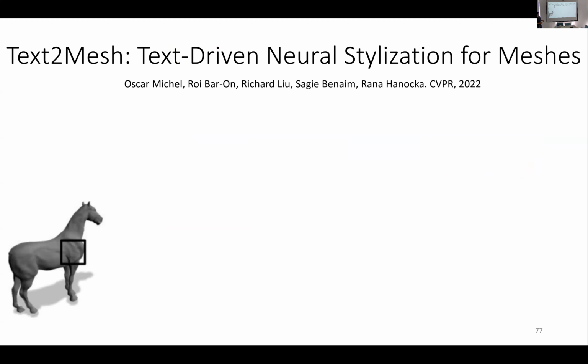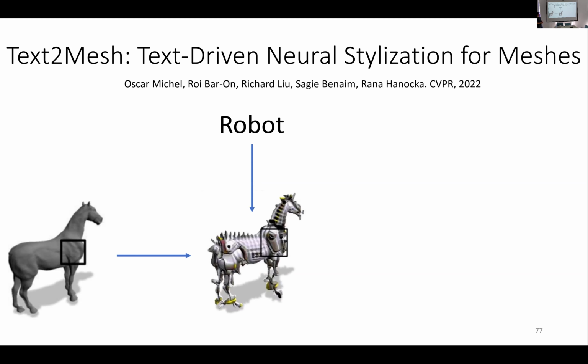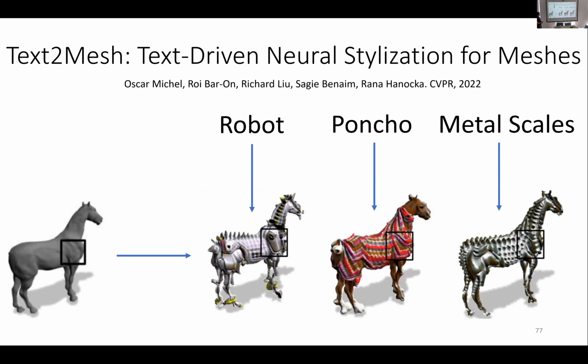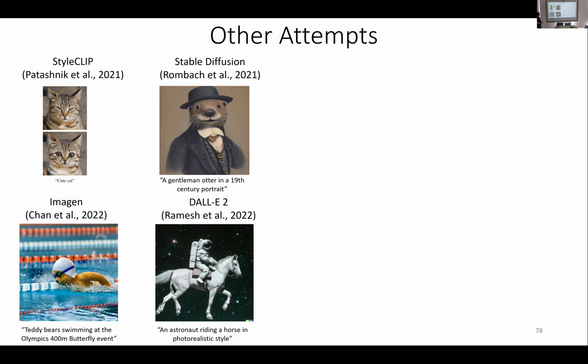Here I'm going to talk about text to mesh. The idea is that you get an input 3D object, such as the mesh you see here on the left, and given a target text prompt, you want to stylize it according to that text prompt. Here you can see a few examples. Just to put things in perspective, you might have seen a lot of work recently on text to something.